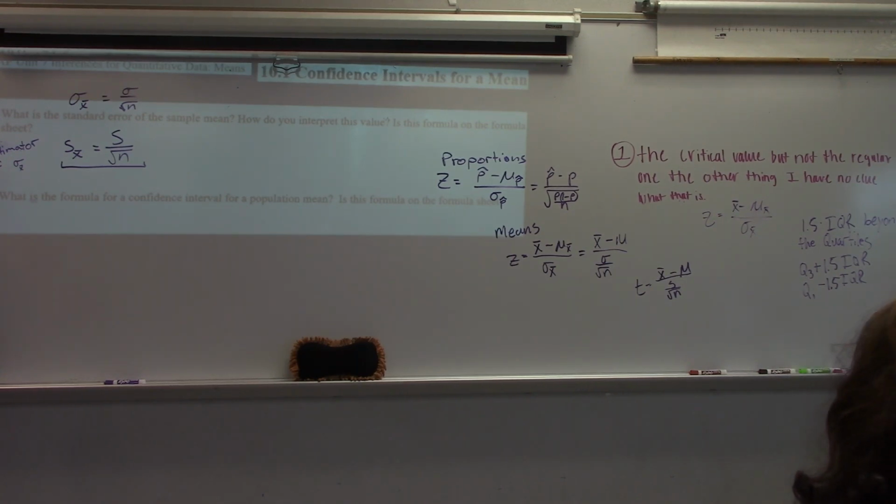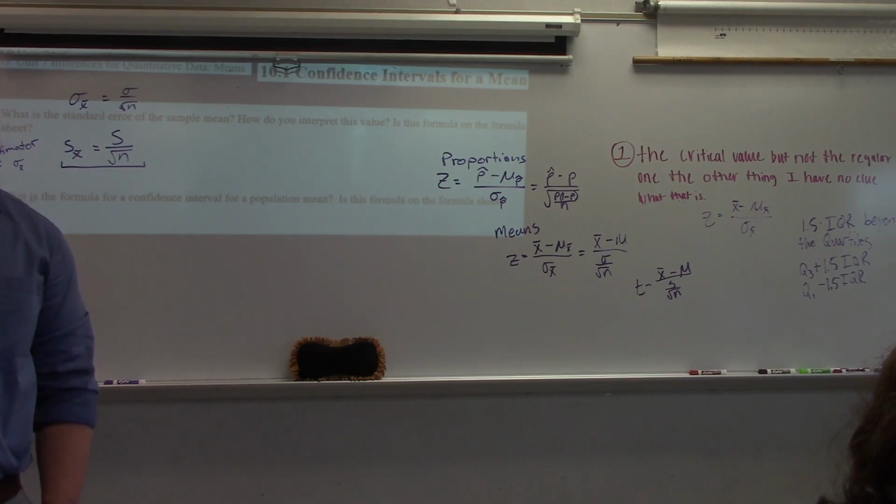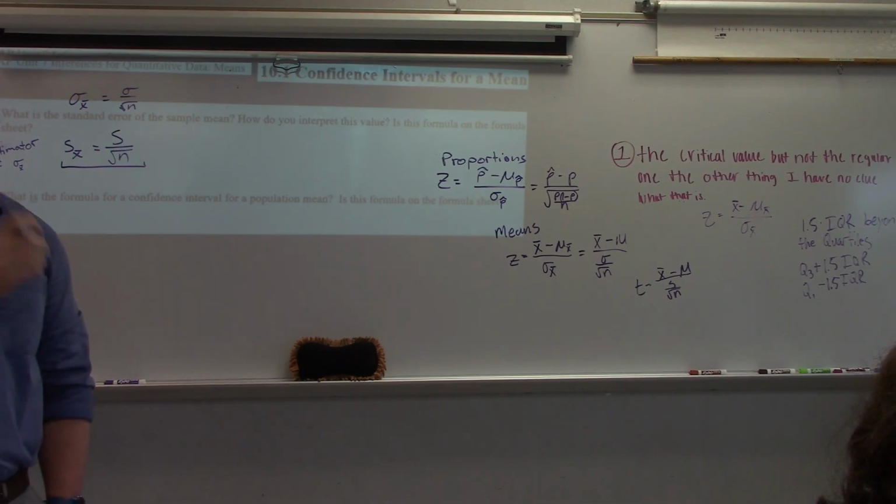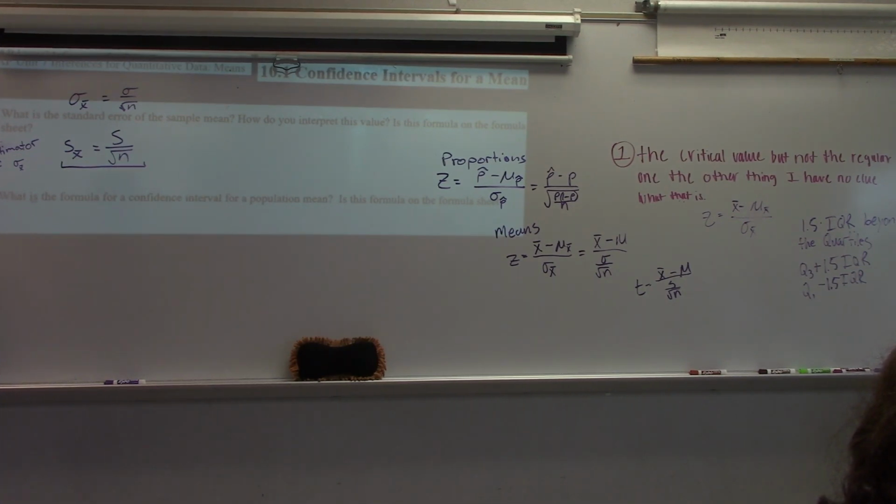Let me ask you this, because this is important for review. What does S mean? No, not S sub x bar, just S. Standard deviation of what? Of a sample. It's the standard deviation of a sample. But what is the standard deviation of a sample?